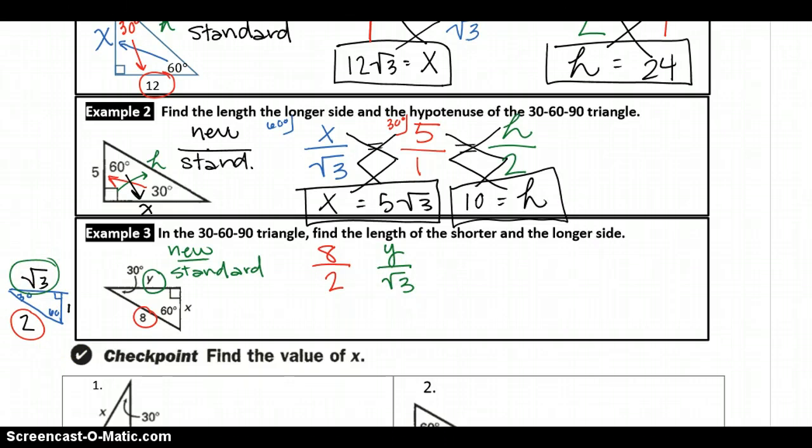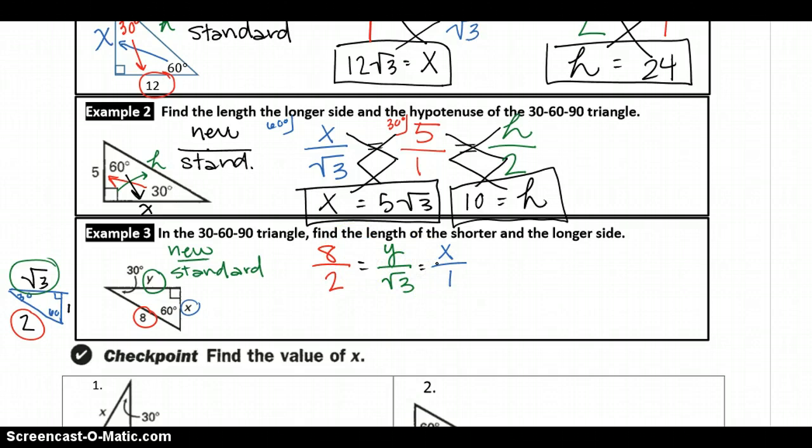And last, we look at our third side. In our new triangle, across from the 30 degrees, we have an x that we have to solve for. And in our standard triangle, across from the 30 degrees is 1.